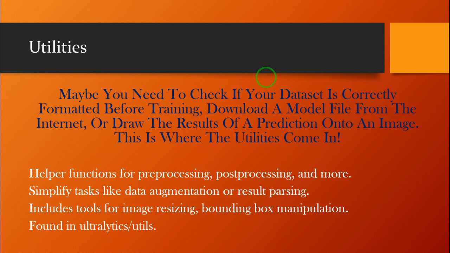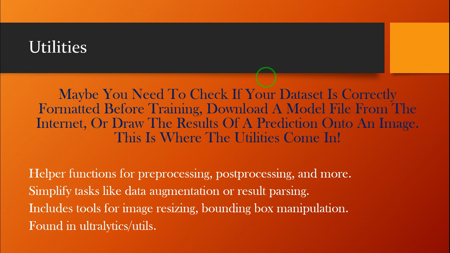So think of the utilities in Ultralytics as a collection of handy tools that help you with common tasks related to computer vision projects, but which don't fit neatly into categories of model, dataset, or trainer. It is like having a versatile toolbox filled with screwdrivers, wrenches, and measuring tapes. You use them to support the main building project, that is training or using your AI model.